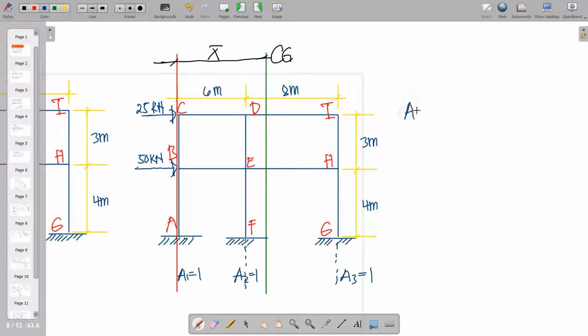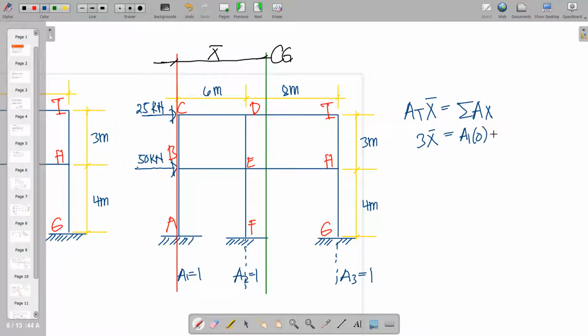Now the concept is similar to getting the centroid. We sum up A times x. The total area is 3, so 1 plus 1 plus 1 is 3. The distance of area 1 from your reference line is 0, because area 1 coincides with your reference line.